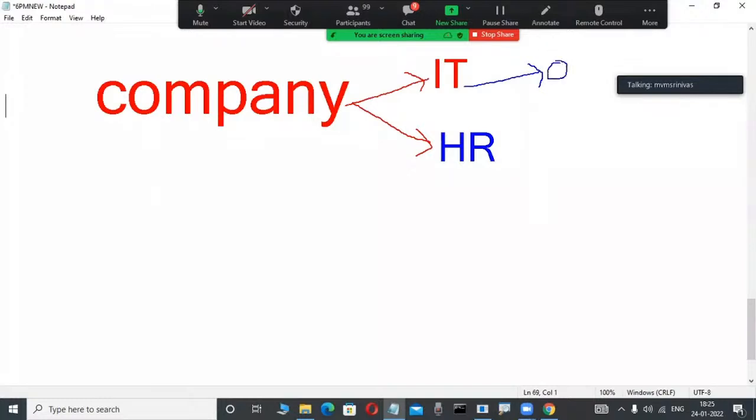Again, in the HR department, 1 employee is working. This is a small scenario: in a company, an IT department and an HR department are there. One company, 2 departments. In the IT department, 3 employees are working; in the HR department, 1 employee is working.